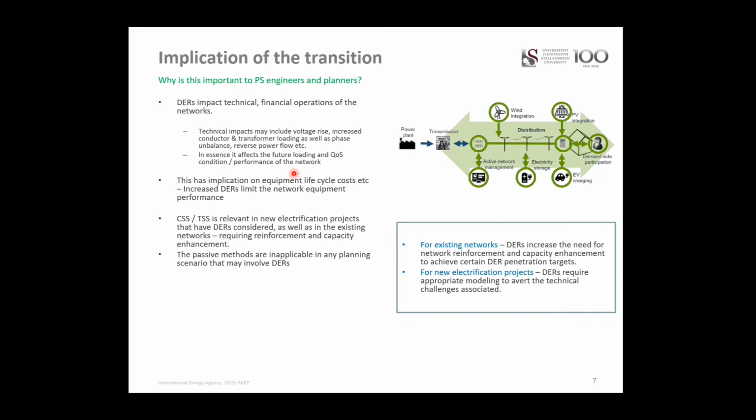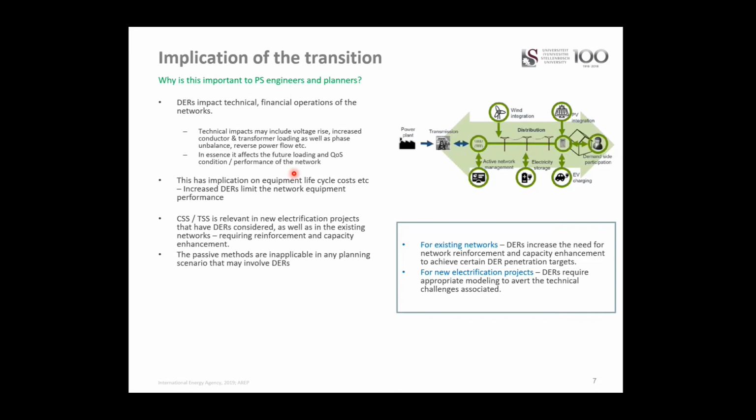So in essence, it means that if you are going to decide that we want to have a grid that takes this amount of DERs, DER will affect your future loading, and by extension, it will affect the quality of power you are supplying to your customer. So in general, it affects the network performance.